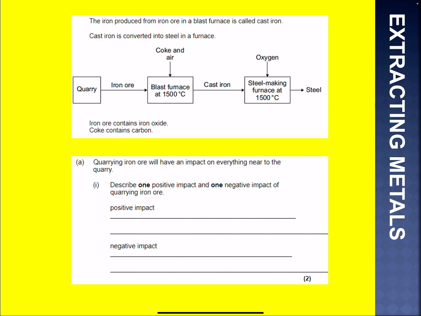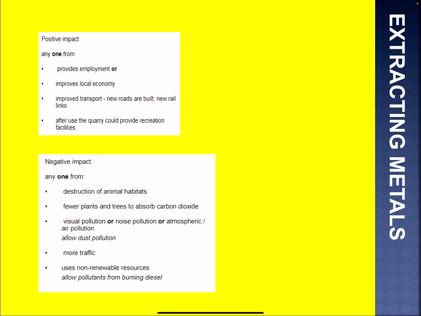You can pause the video here. Here we go. So let's see how you did. There's a positive impact and there's a negative impact. You can pause the video here and have a look at these answers. Okay, so after that discussion, let's move on.